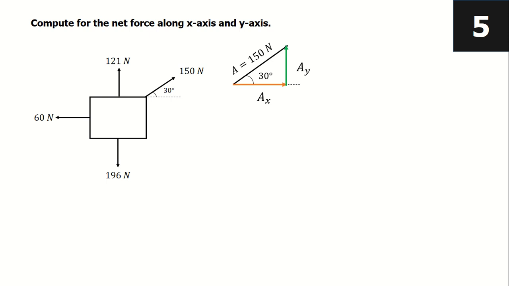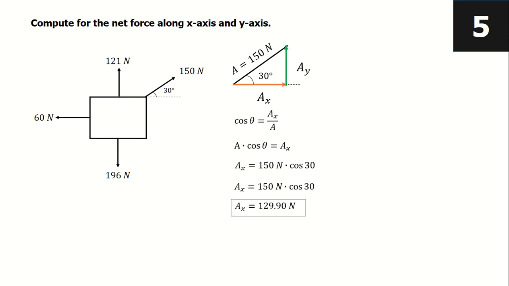So doing the computation for AX first, we have cosine of that angle, 30 degrees, equal to the adjacent side, which is AX, over the hypotenuse, which is vector A, 150 newtons.